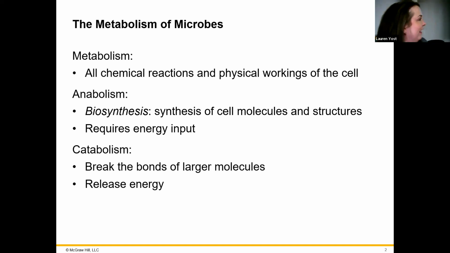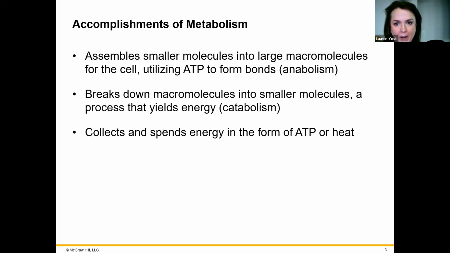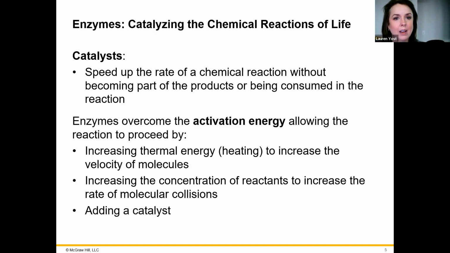They're going to rip everything with their claws and tear it apart. That's catabolism, all right? So we're breaking bonds to release energy. That's what the cats are doing, man. All right, that's the whole point. And then when I say releasing energy, we're going to collect that in the form of ATP. Today, the whole point of what we're talking about is how that even works, okay?